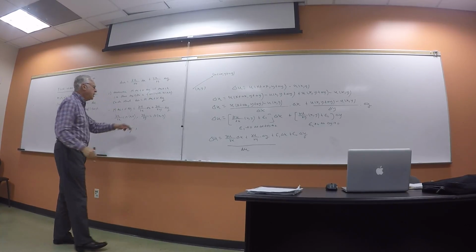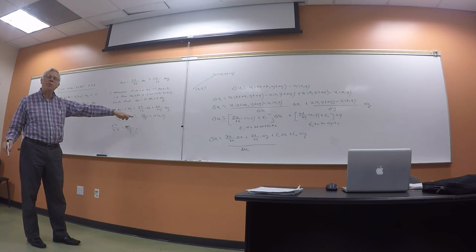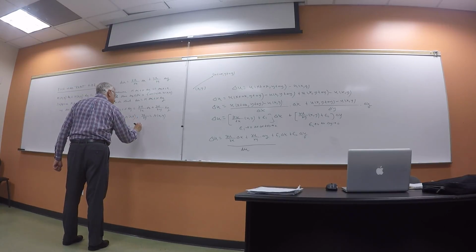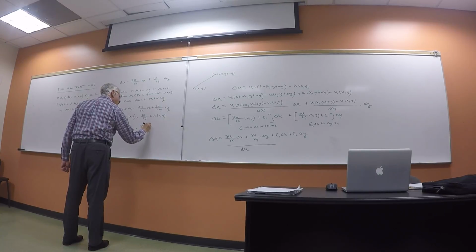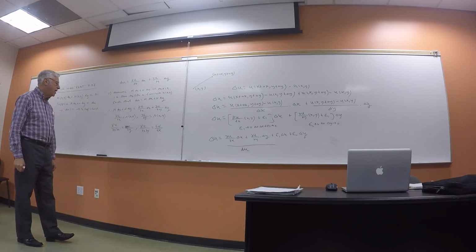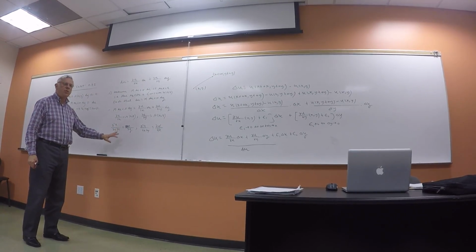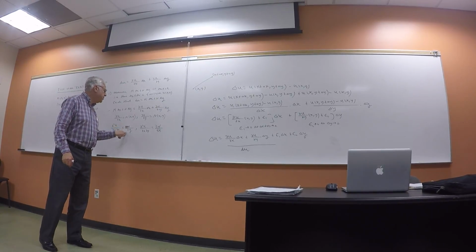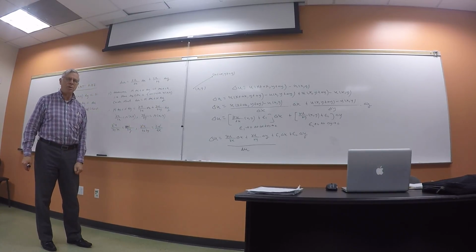Okay? Similarly, taking this and differentiating both sides with respect to x, we have the second partial of u with respect to x with respect to y equals the partial of n with respect to x. Provided that these mixed partials are continuous, or equivalently, provided that the partial of m with respect to y and the partial of n with respect to x are continuous.